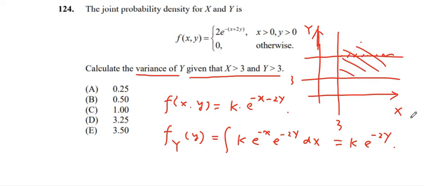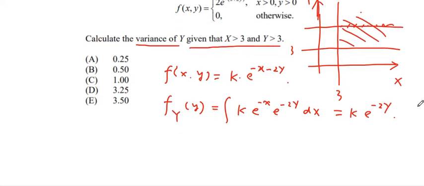So we know this is just the exponential function. So for y under this conditional distribution, y should follow the exponential distribution with lambda equal to 2, right?